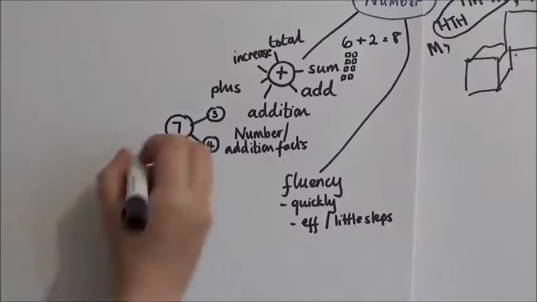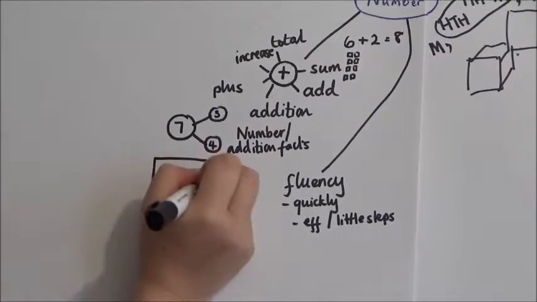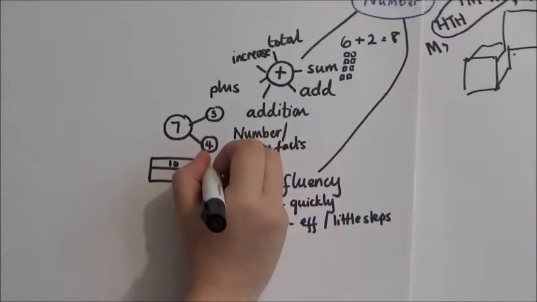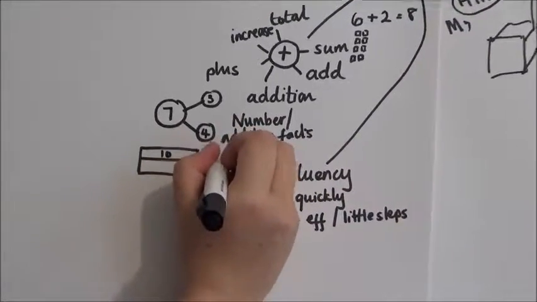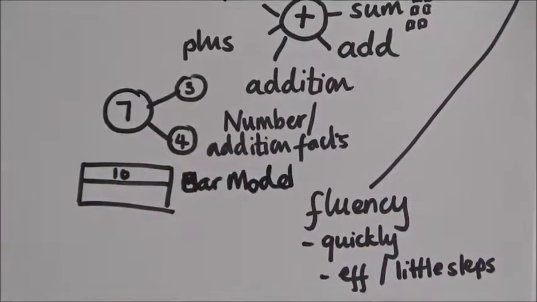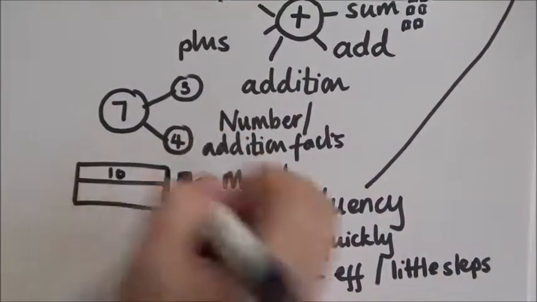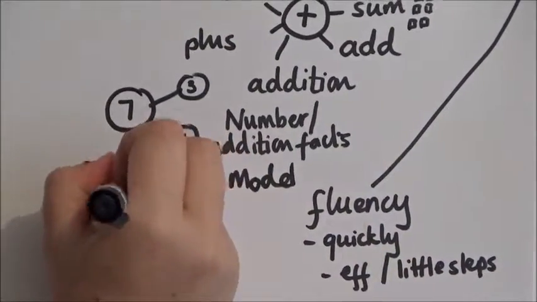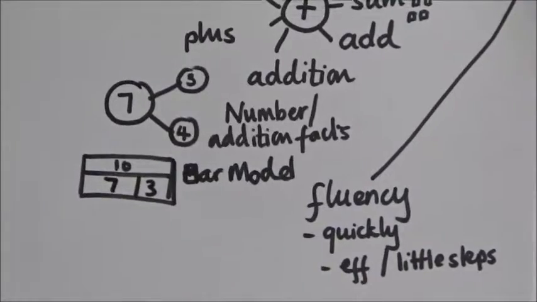We also looked at our number bonds to 10 facts and number bonds to 20 facts. And in fact, we could use the bar model to help us work out, investigate and remember our number facts. And we gave the example that 3 and 7 were number facts that made up 10.